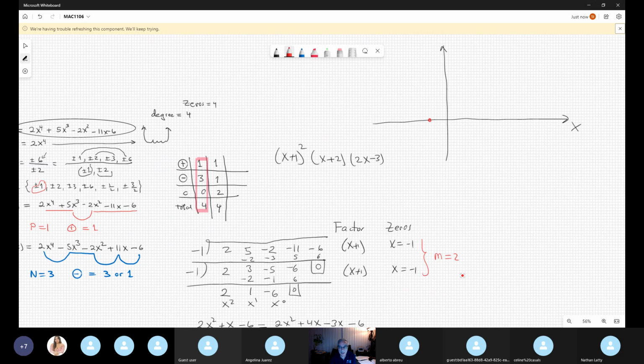Another is negative 2, this is negative 1. And negative 2 is multiplicity 1, cross. And the last one is 2x minus 3 equals 0. Es obvio que es 2x equals 3, es 3 halves, que es 1.5. O sea, dice 1, dice 2, and the middle is 1.5. 3 halves.